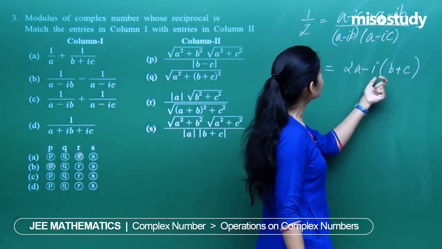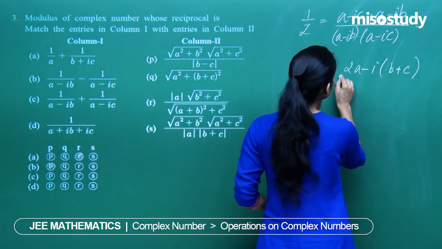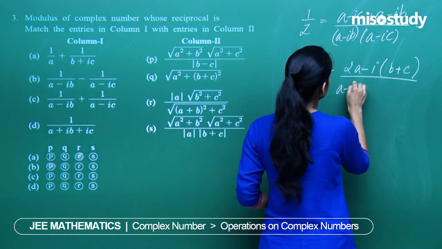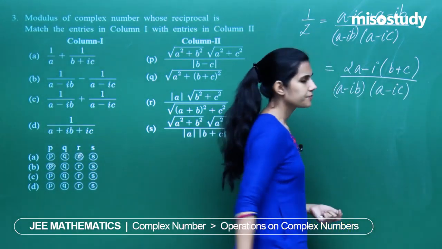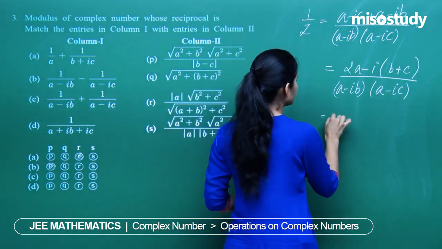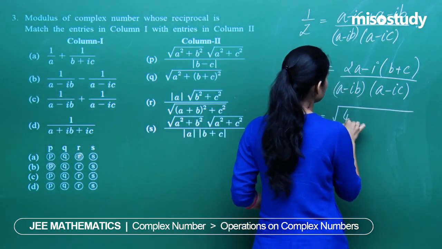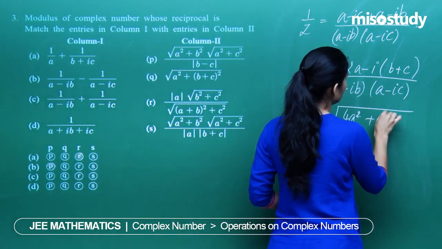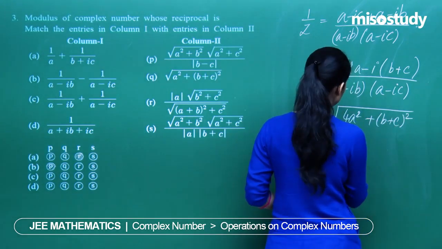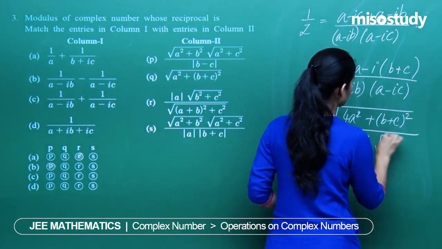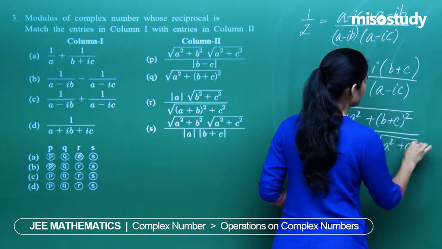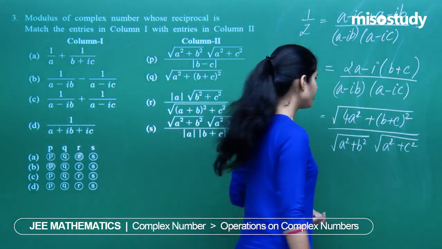Why? Because it is minus iota b minus iota c whole upon a minus iota b, a minus iota c. When you take the mod, you basically get under root 4a square plus b plus c whole square upon under root a square plus b square into under root a square plus c square, right?